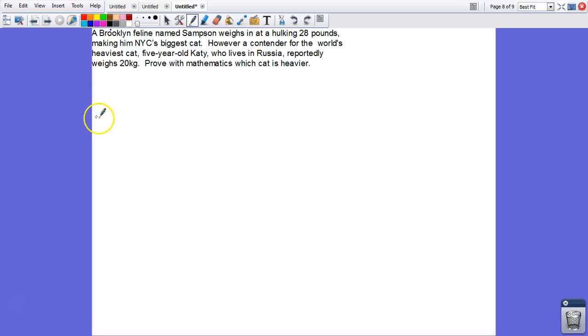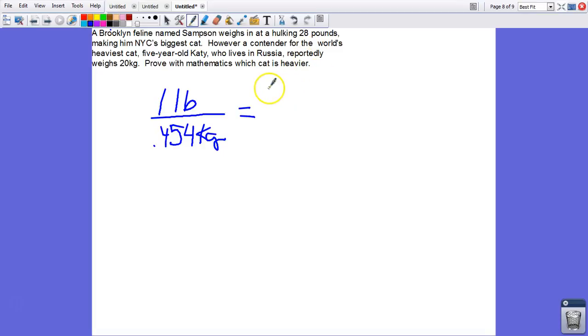I'm just going to set it up for you guys and you can solve it and tell me who it was. What it tells me on the conversion chart is 1 pound is 0.454 kilograms.